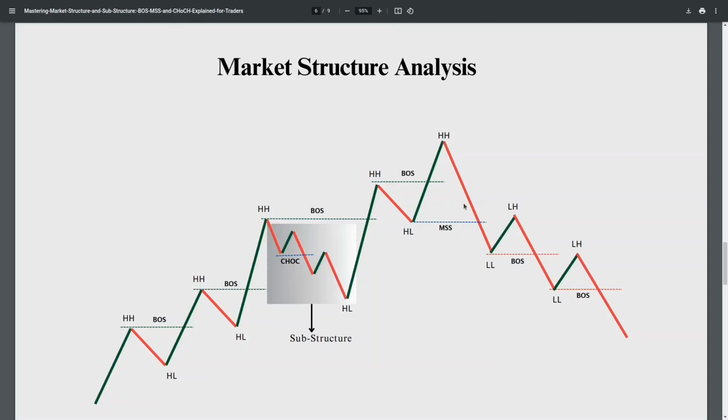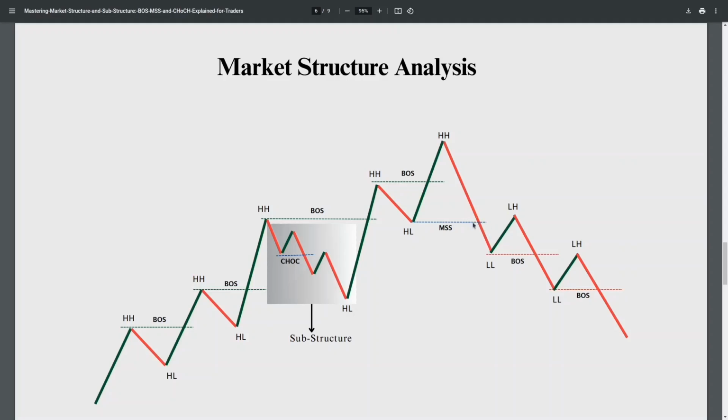The market is telling us that it is no longer going up, that there is a potential shift in the market sentiment, a change in character from an uptrend to a downtrend. Then in trading, we have to wait for many other confirmations before we confirm that the price is really heading to a downtrend.